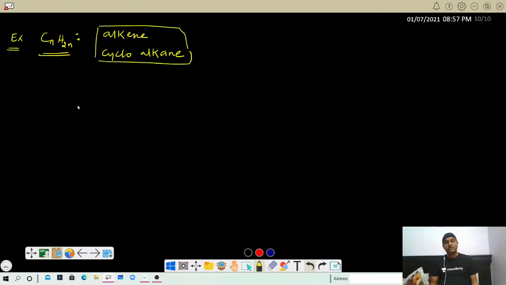Functional isomers, also known as ring chain isomers. So do remember, whenever the given formula fits the CnH2n general formula, then you can write the possible isomers, alkenes and cycloalkanes.